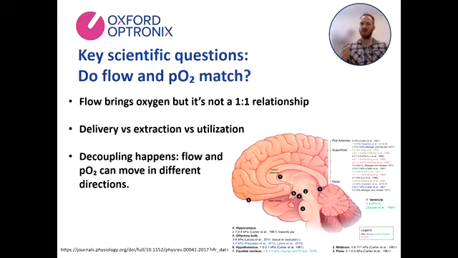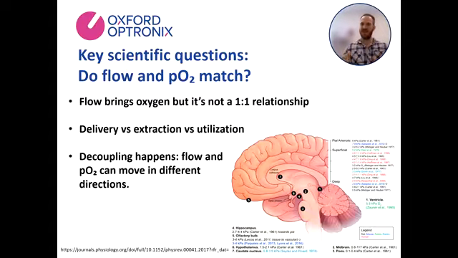So you can see flow improving while pO₂ barely moves, or pO₂ dropping without a dramatic flow change. That is not a bad measurement, that's often the biology. The simple way to think about it is, flow is a delivery truck, and pO₂ tells you what actually made it to the tissue and stayed there long enough to matter.